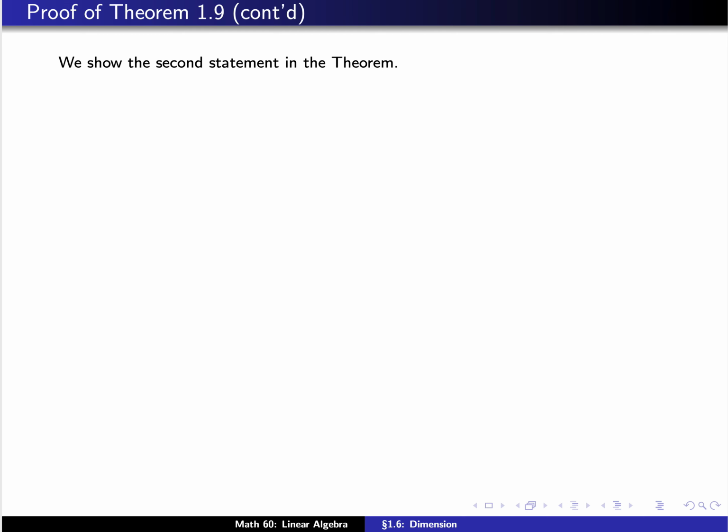Let's now focus on the second part of the theorem. Why is it that every basis has the same number of elements? Well, for the moment, let's say that we perhaps have two different bases for V. Beta contains n elements, and gamma contains m elements.